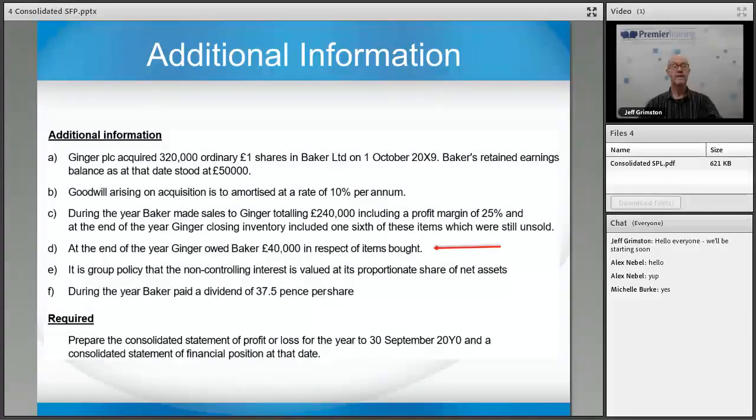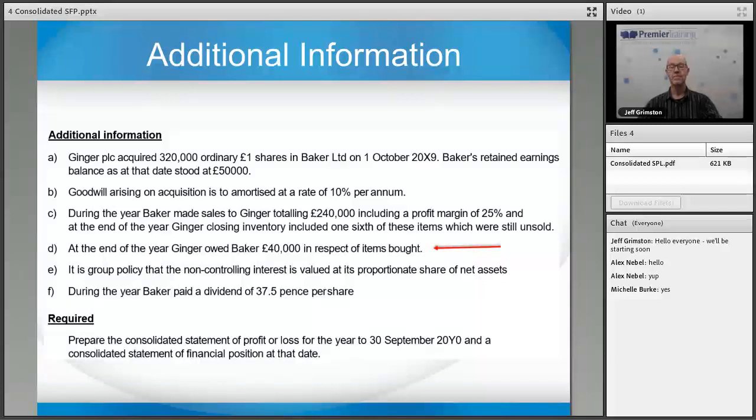Back to the data. Item D. At the end of the year, Ginger owed Baker £40,000 in respect of items bought. You'll notice, by the way, the original statements are all summarised into whole thousands, whereas the notes are not. Questions are almost always worded this way, so do watch out carefully to know what's 1,000 and what's not 1,000.